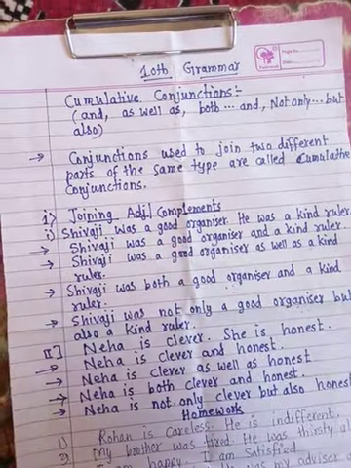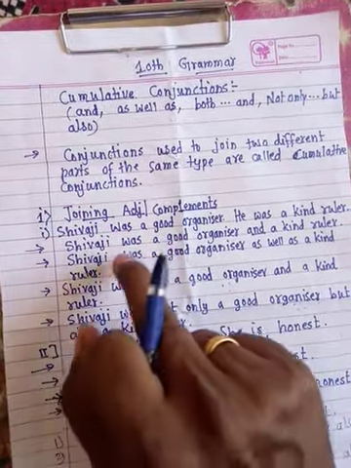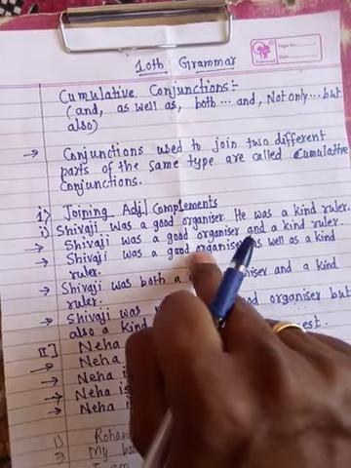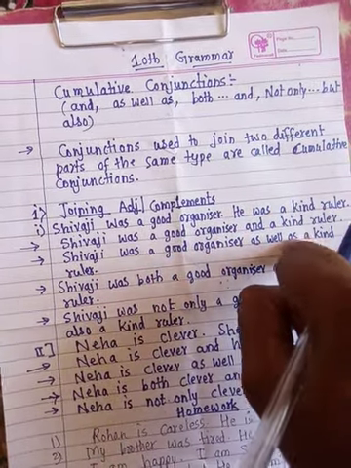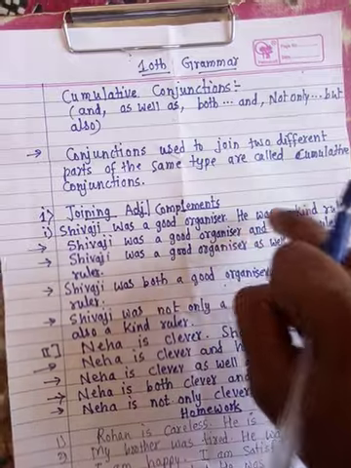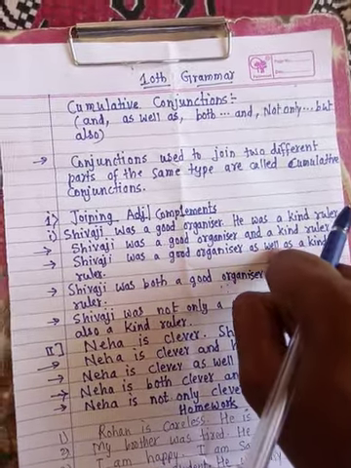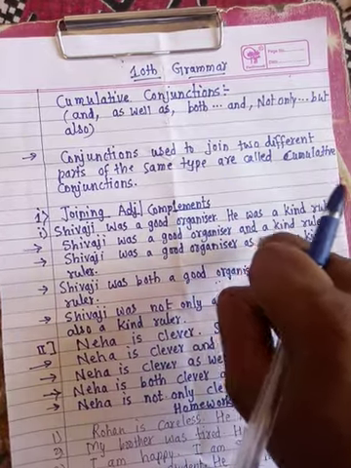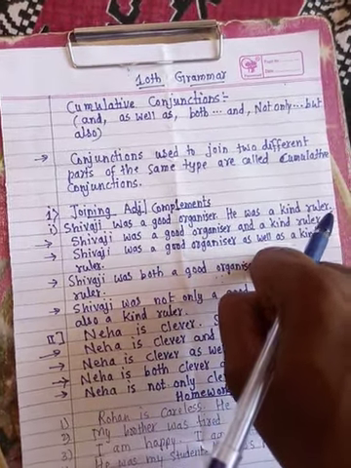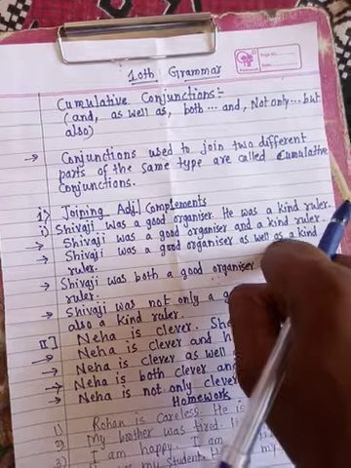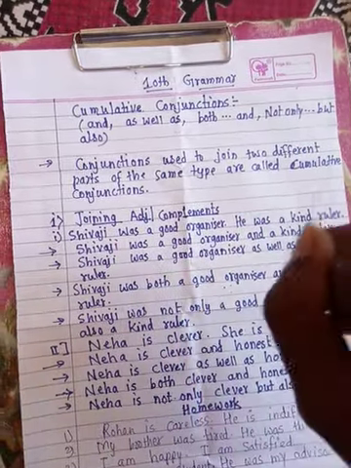Now let us join using as well as. Shivaji was, again the common part, a good organizer, as well as. The uses of and and as well as are almost the same because both are used somewhere in the middle of a sentence. Shivaji was a good organizer as well as a kind ruler.